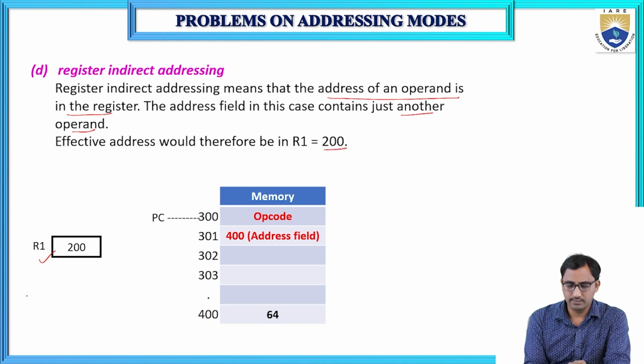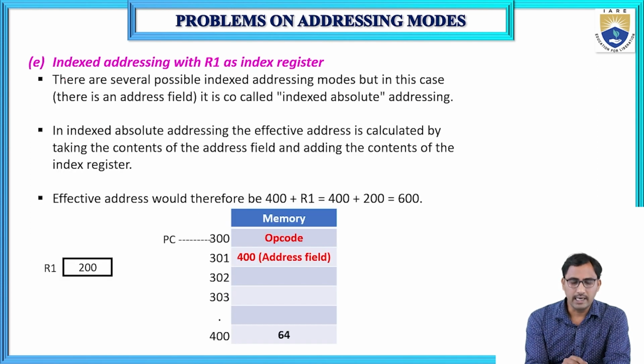At that location 200 we have the data, the operand. Next one, indexed addressing with R1 as index register.